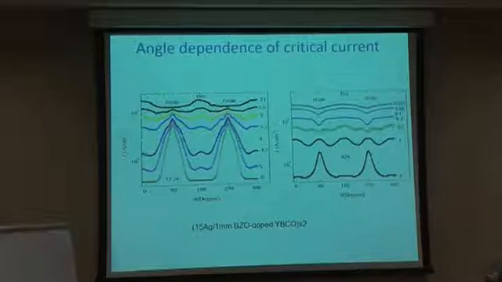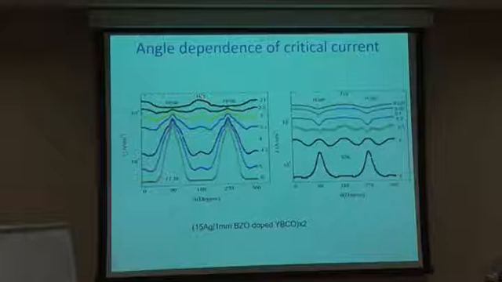We see that for 2 and 2.5 Tesla, when you apply the field parallel to the z-axis, the critical current is larger than in the AB plane. So this is opposite to what happens in single crystals or in undoped YBCO.